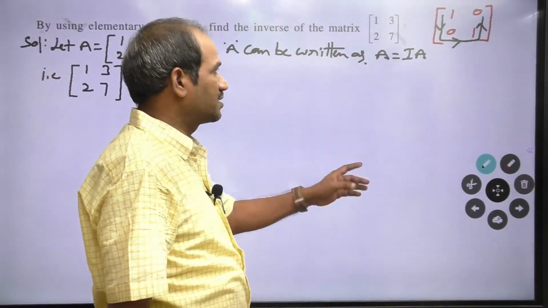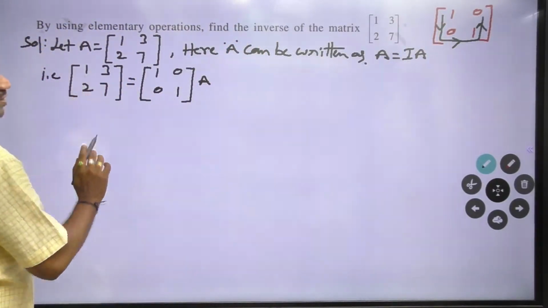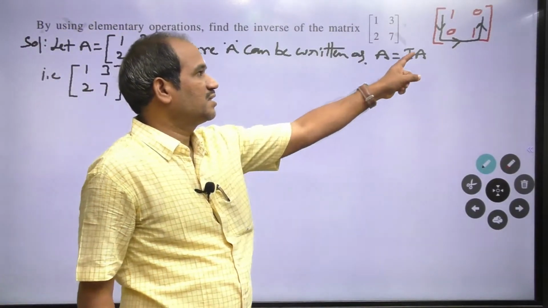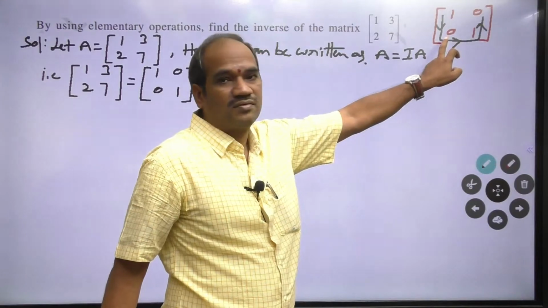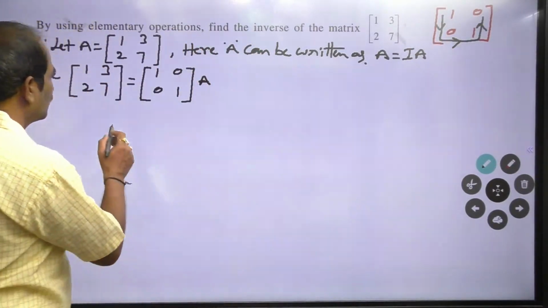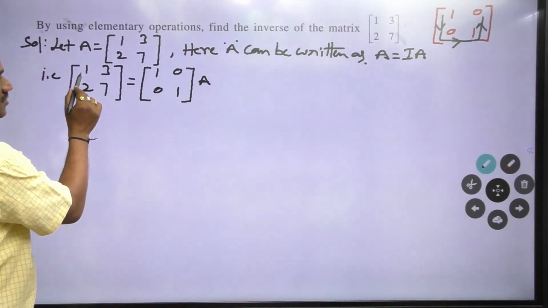First check the first element: 1 is given, no problem. Next, converting this element into 0. Here 2 is given, in the second row; this is the first row.